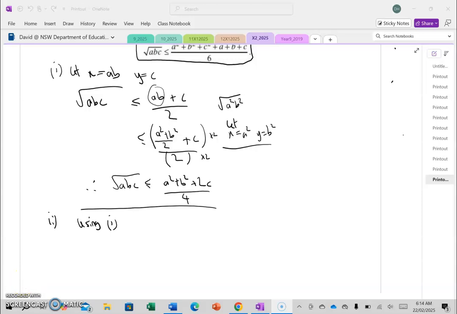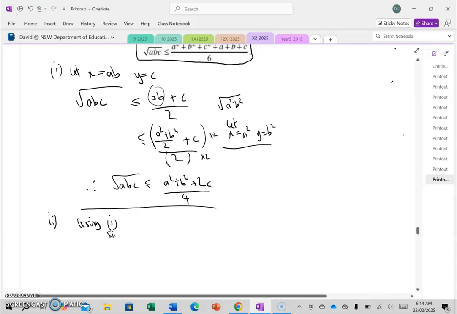Okay, so we're going to get three similar results just by using the symmetry of A, B, C here. So, similarly, square root ABC is less than or equal to, and we're going to switch what's at the back.